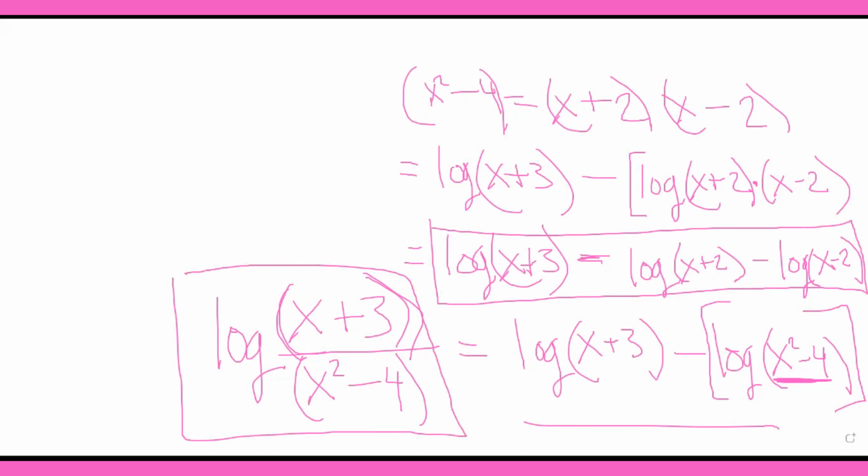My top minus my bottom, and my bottom we could expand also because it was 2 things being multiplied. So then we add, and because I'm subtracting that whole thing, I have to make sure to distribute that negative. So that would be a larger example of the quotient rule. When I divide, I subtract. So again, give yourself parentheses so that you know what your whole top is and your whole bottom.